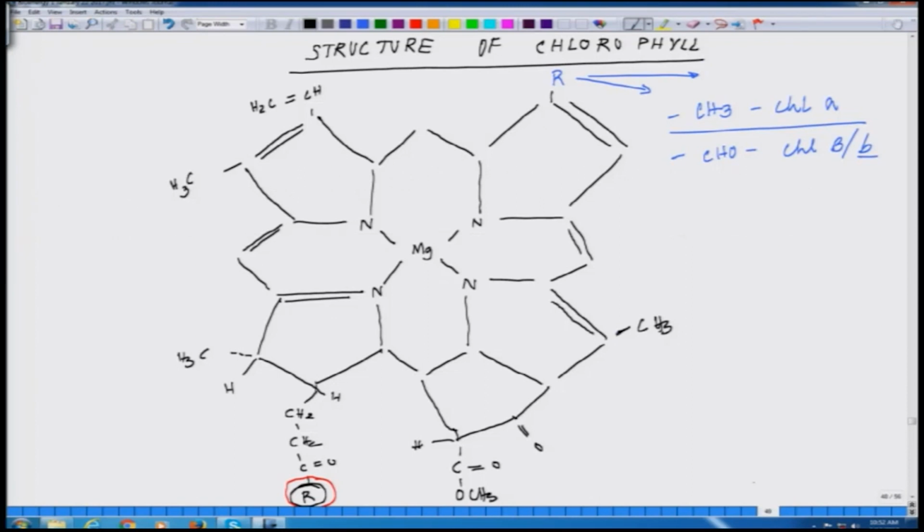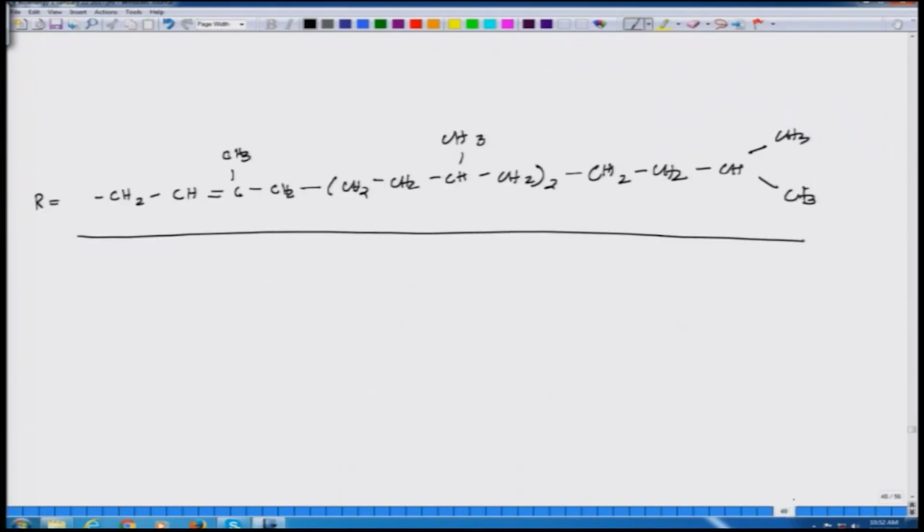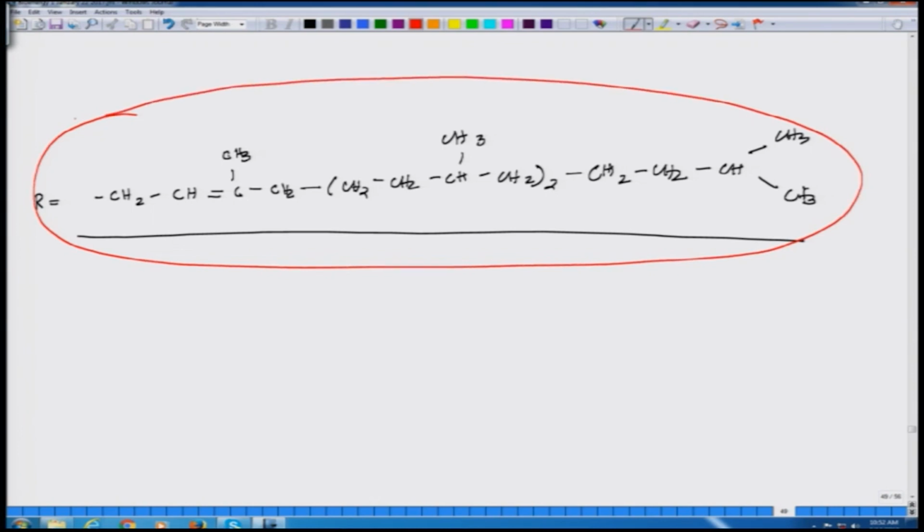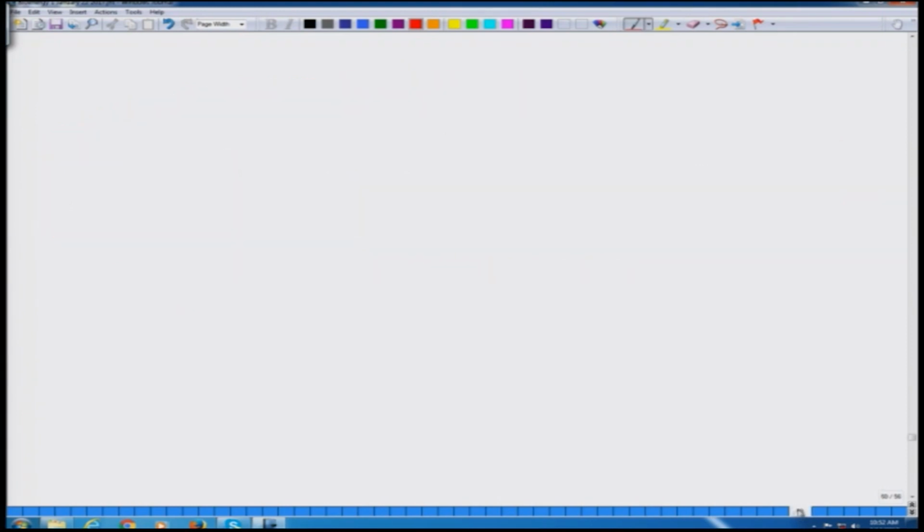There are two zones: one R group I told you about at the top, and the other R group out here, which I have shown in red. Now, what you see is the absorption spectra. If I draw the absorption spectra, it will look something like this.